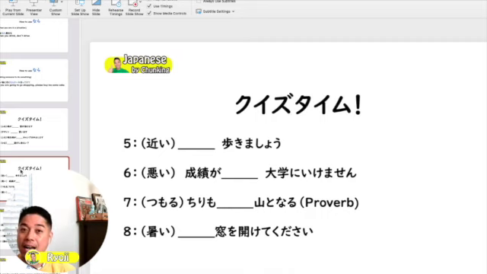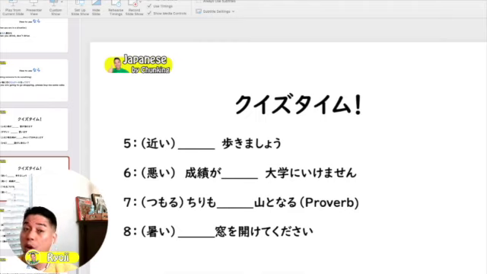成績が大学に行けません。Question number 7. This is one of the Japanese proverbs. 積もる means to accumulate.